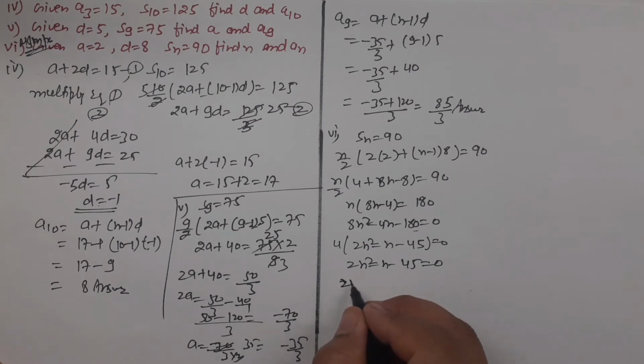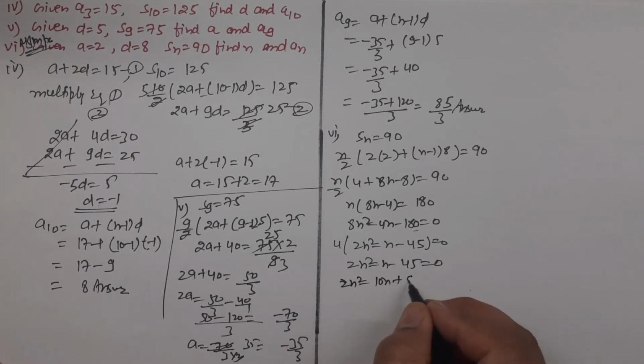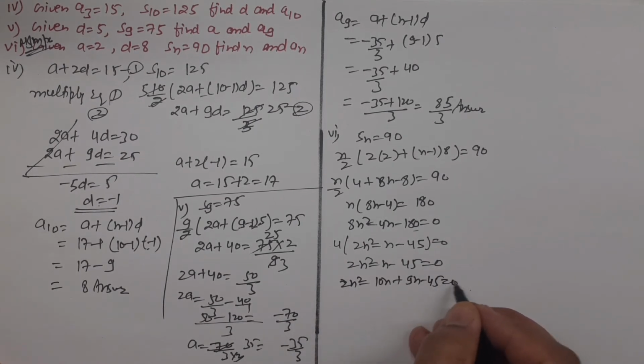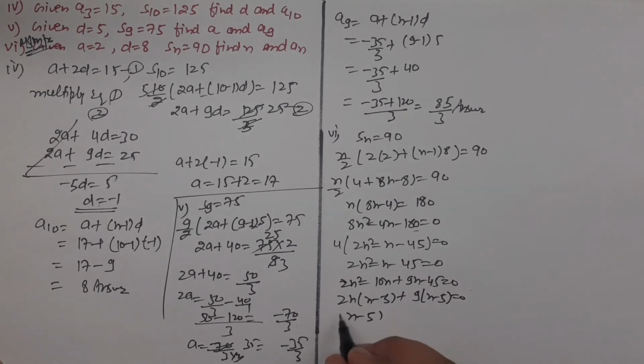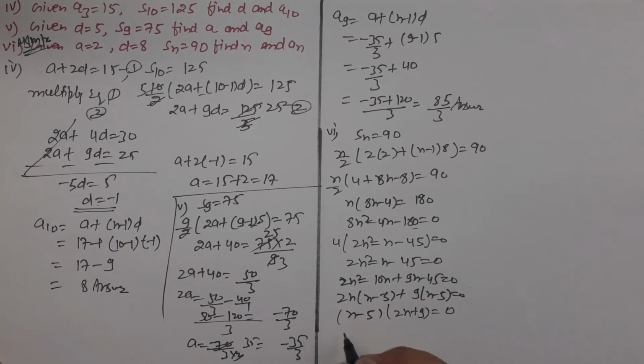Factor: minus 10n plus 9n. Take 2 common. n minus 5 equals 0, 2n plus 9 equals 0. n equals 5 and n equals minus 9 by 2.